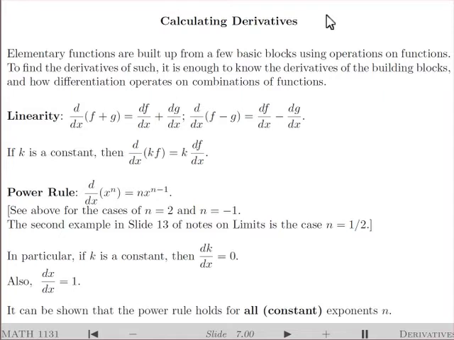So differentiation is a function on functions. It takes a function as an input, produces the derivative as the output. Sometimes these are called operators. We are not going to do very many of them, just two. So I won't introduce additional notation. But it's important to think of differentiation as something we do to functions.